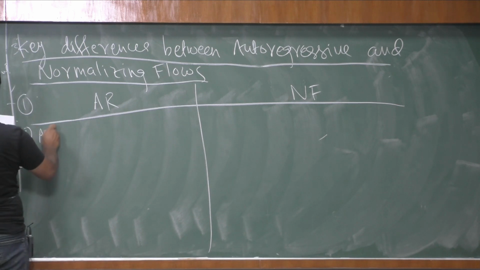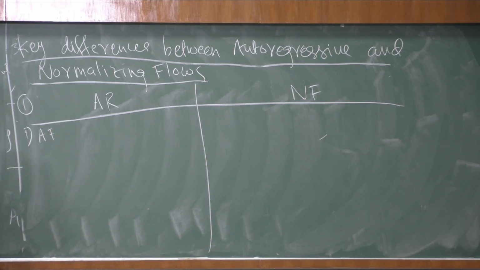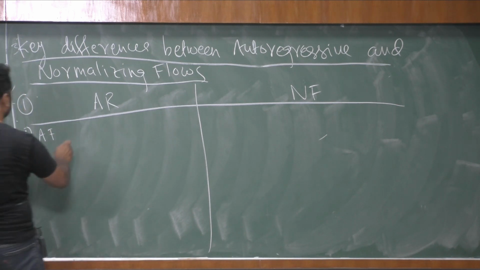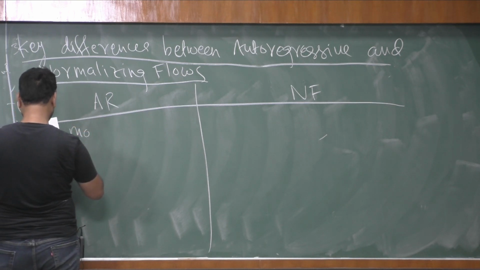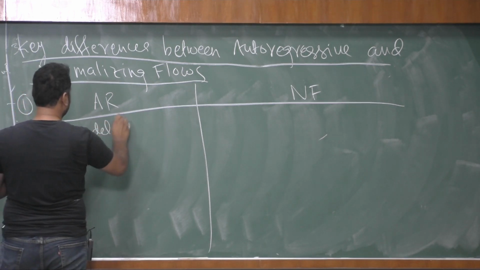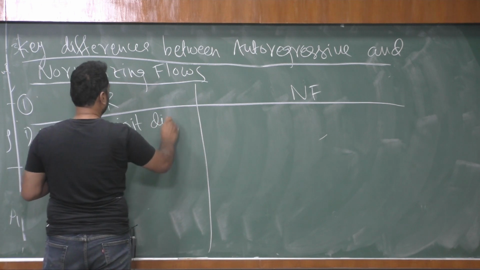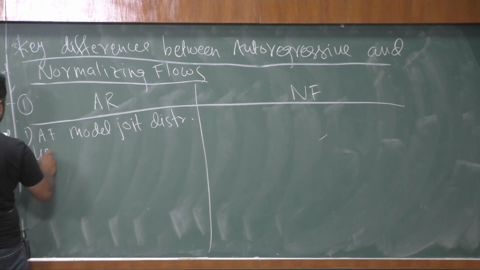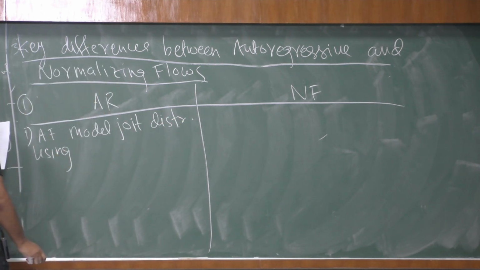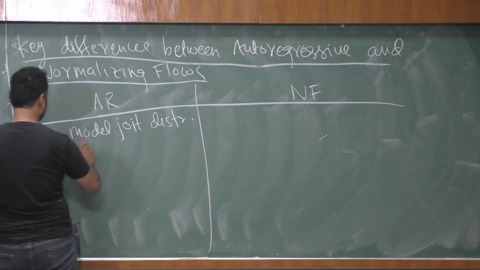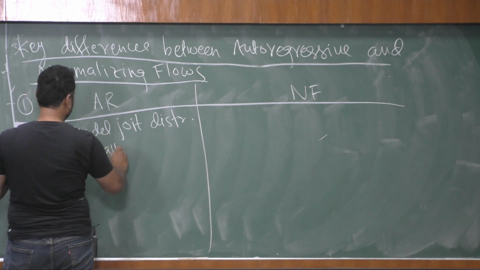So autoregressive flows model the joint distribution using a chain of conditional distributions.